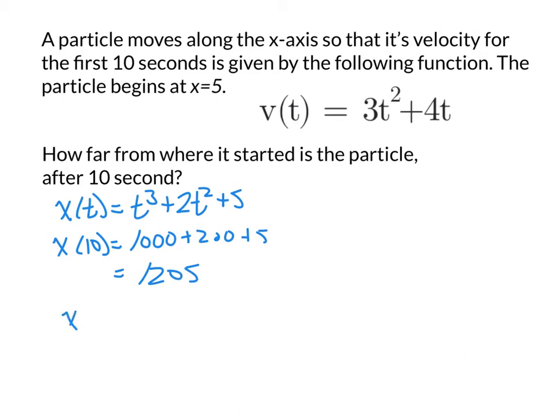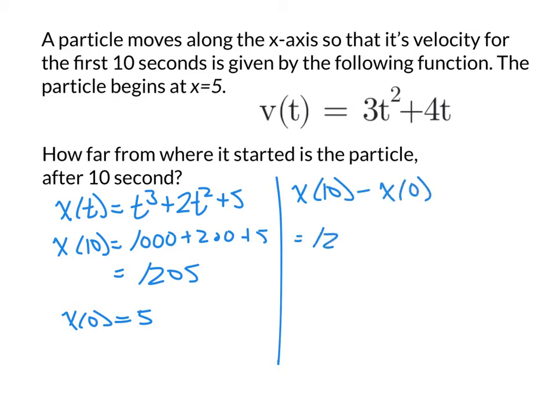And we know that it started at 5. So how far from where it started did it finish up? Well, that would be the end minus the beginning. 1205 minus the 5 is 1,200 units away from where it started.